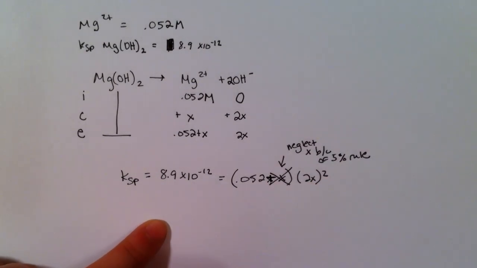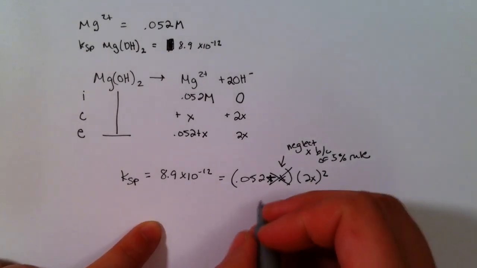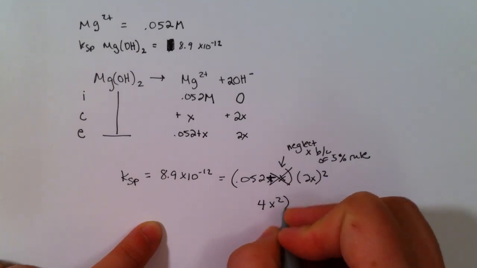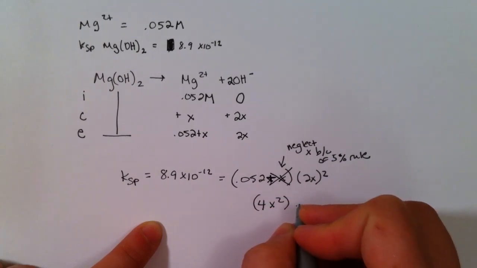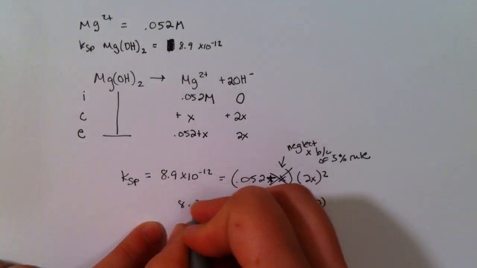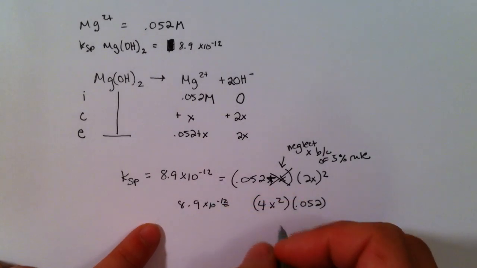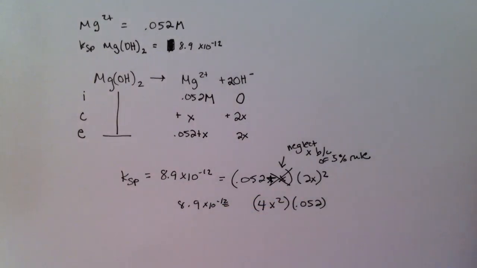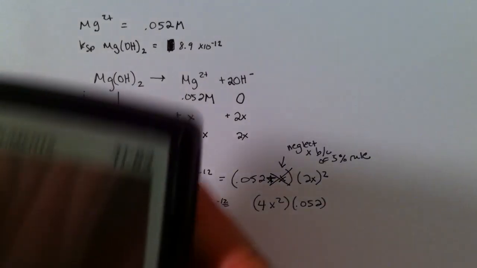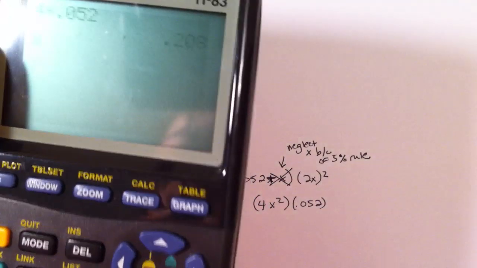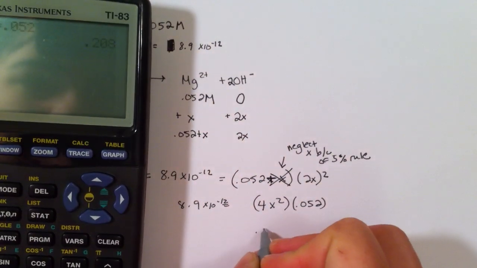Then when we solve for x, we're going to get 4x squared times 0.052 equals 8.9 times 10 to the negative 12th. And when you do 4 times 0.052, we get 0.208.